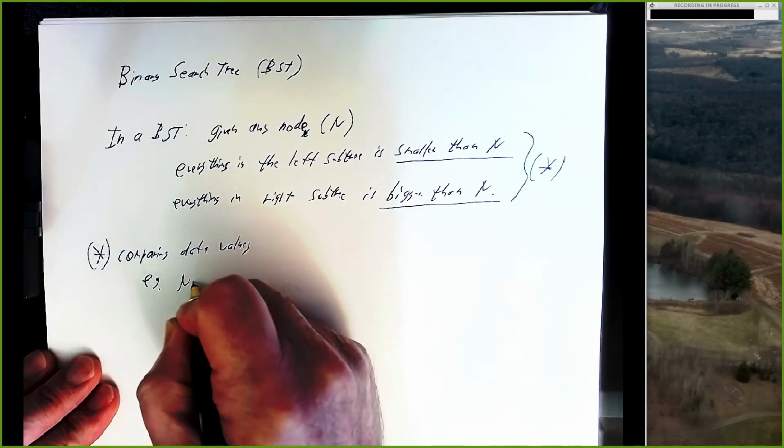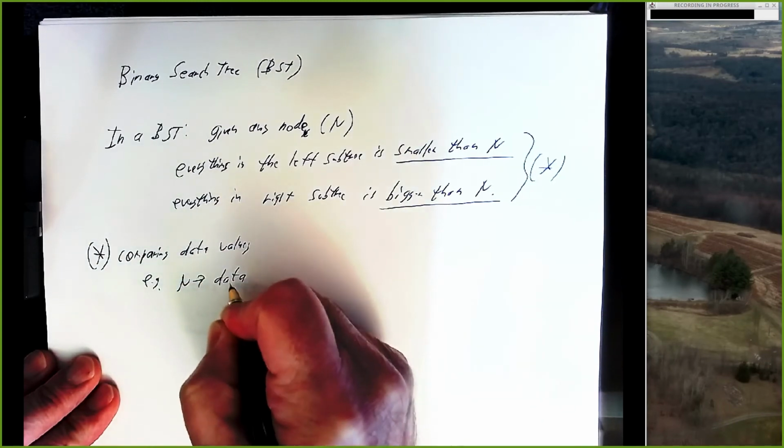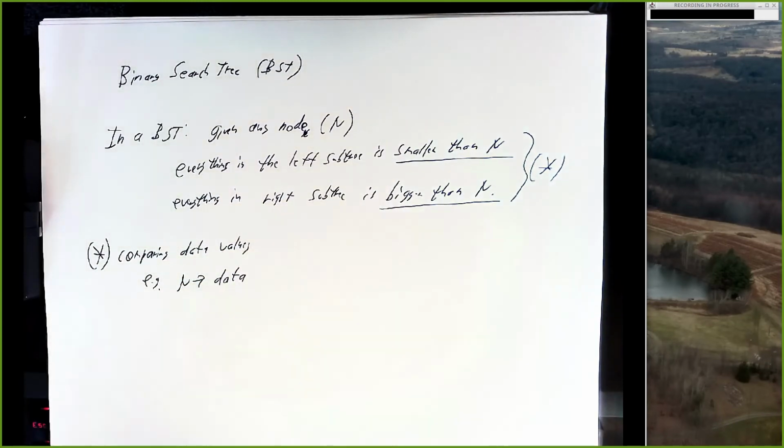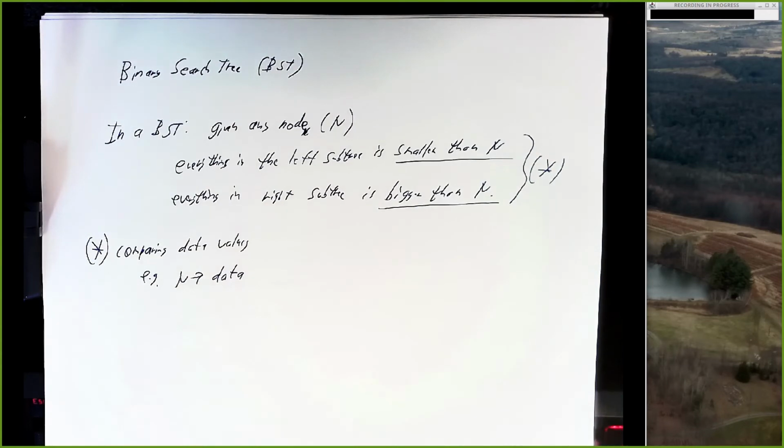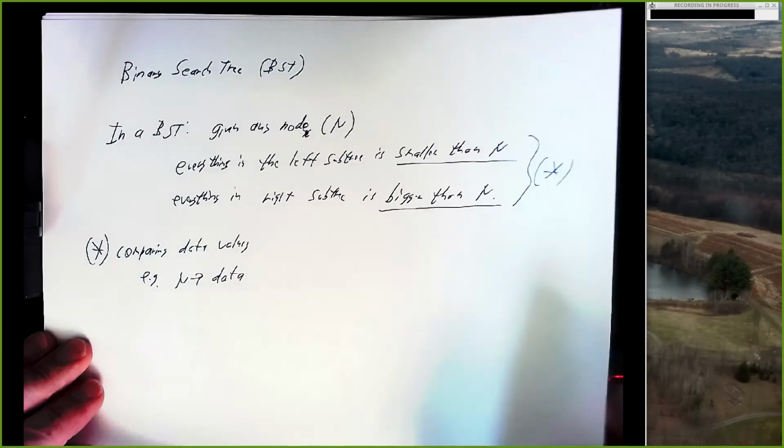So for example, n arrow data. And rather than constantly saying the data field of each node in the left subtree is smaller than the data field of the node n, we'll just say everything in the left subtree is smaller than n. But that's what we're actually talking about, comparing data values.